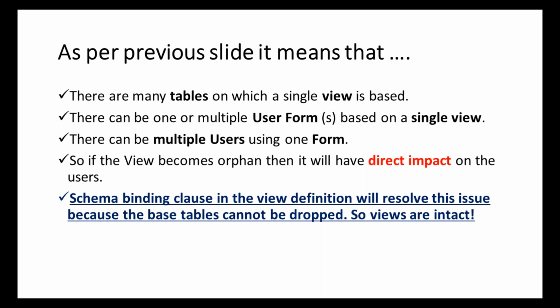So when we create a view, we should use this clause called schema binding. The effect is that it will not allow me to drop the table if it has a dependent view on it, so the view will not become orphan and it will not have any cascading effect on the forms.